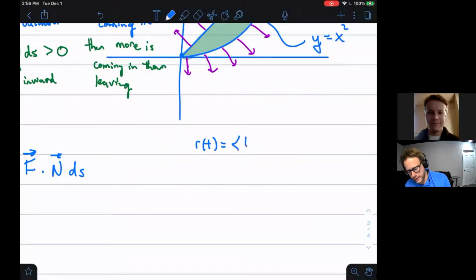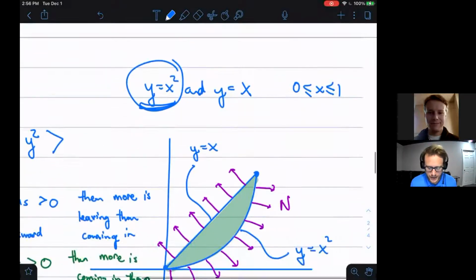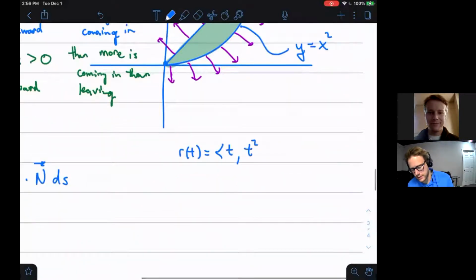In this case, I think setting our variable x to t makes a lot of sense. Then if y is equal to x squared, the y component is just going to be equal to t squared, because x is t in this case. So this is going to be t squared. And because x ranges from 0 to 1, that means we want t to range from 0 to 1.